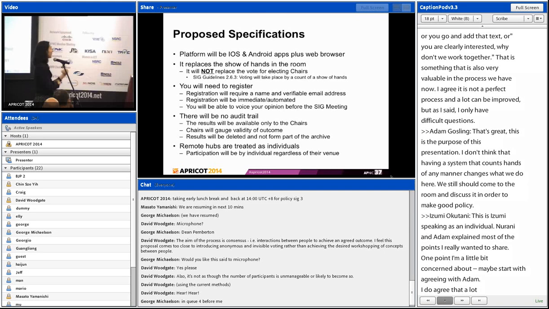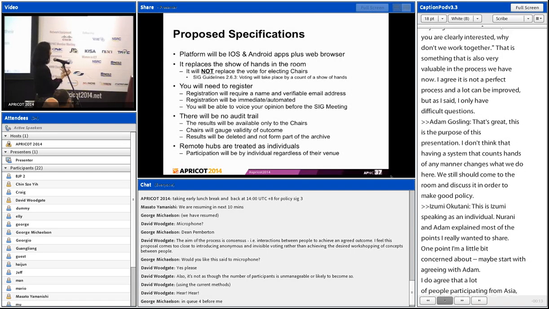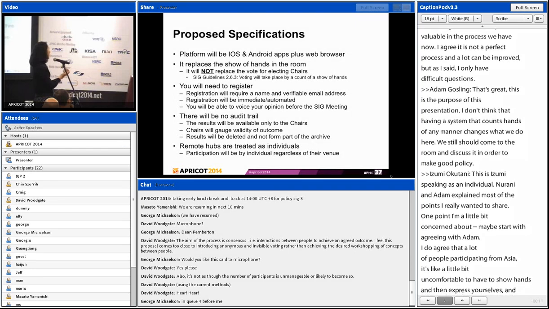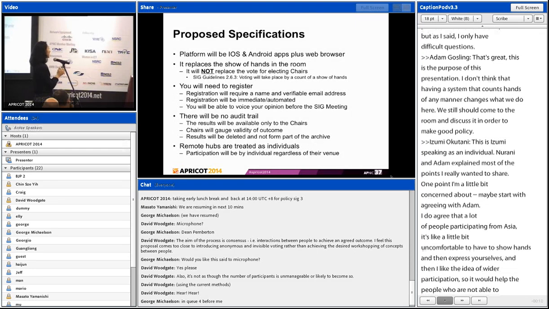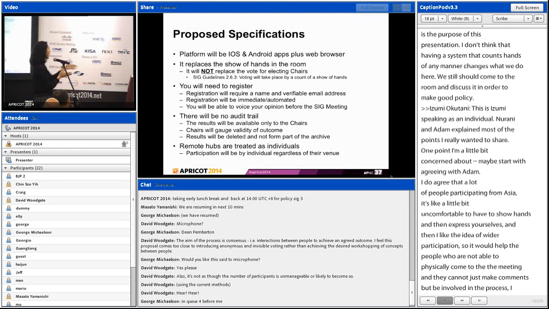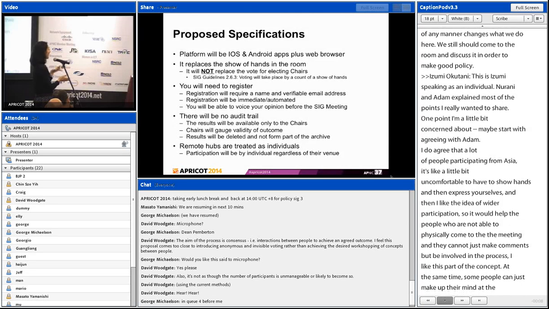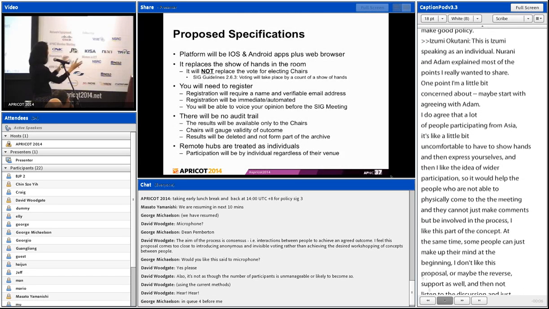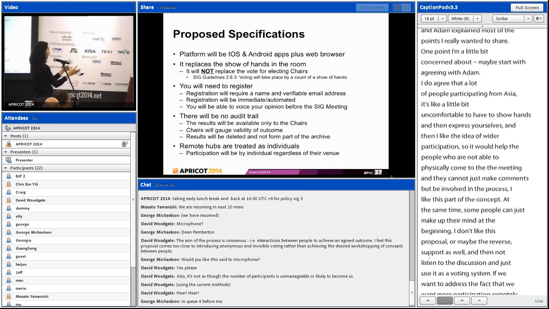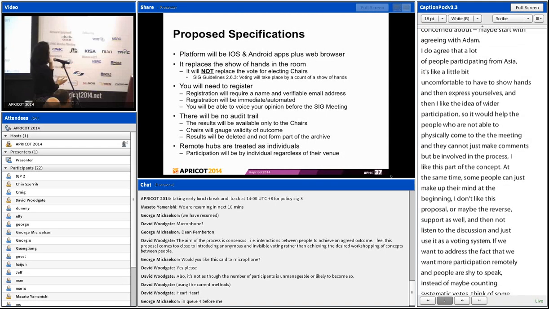So if we want to address the fact that we want more participation remotely and from the people who are shy to speak, instead of having systematic votes, think of some other ways that we can engage. In terms of remote participation, I don't know how widely we can cover, maybe we can have remote cameras like we had for some of the venues and look at the show of hands.